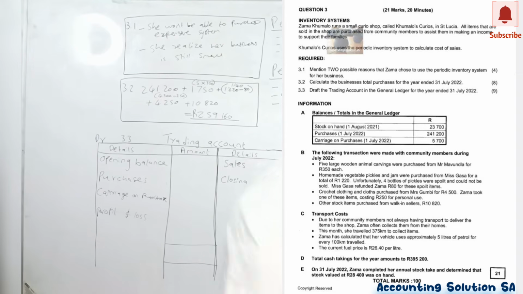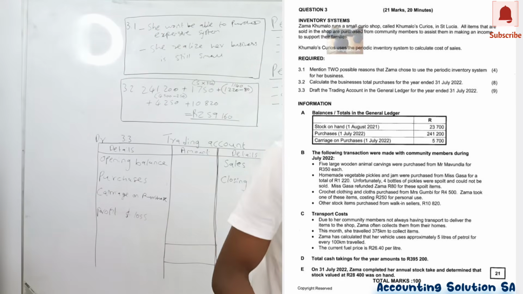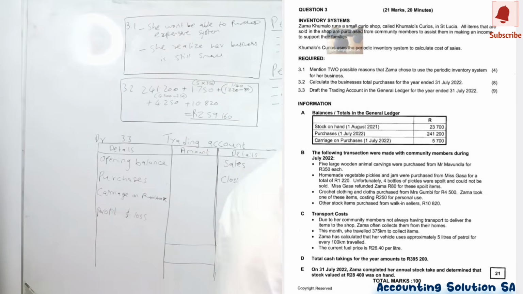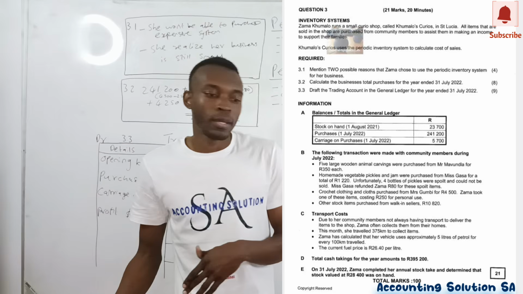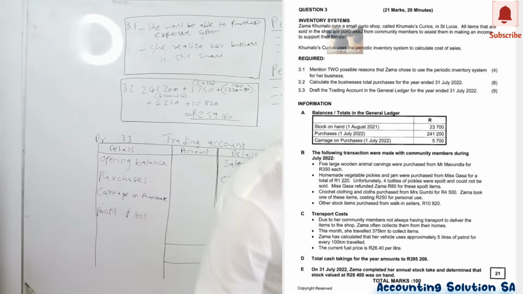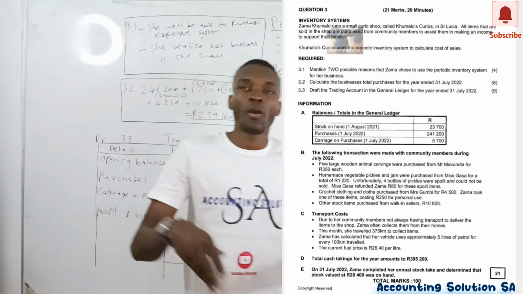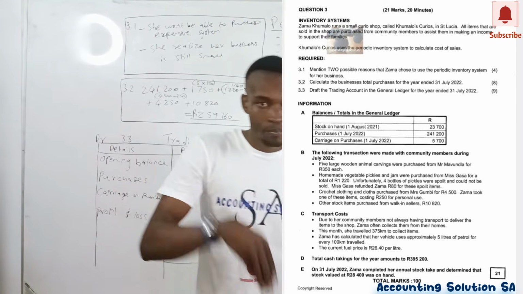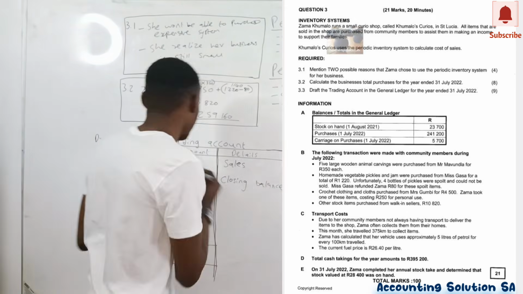Under information number A, if you still remember, we found that we have stock on hand on 1 August 2021. So 1 August is our opening balance, from last year. The opening balance is the balance that we had last year and we carry it on to this year. Okay, the opening balance will be 23,700.